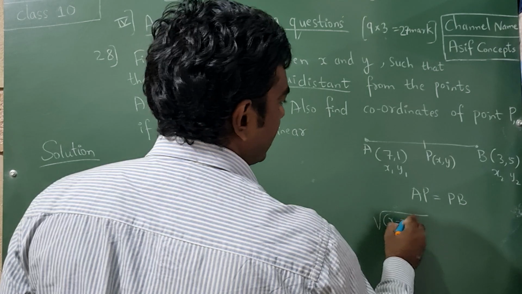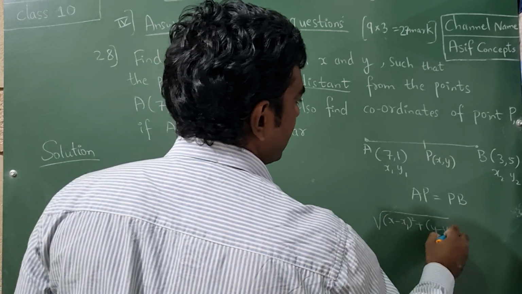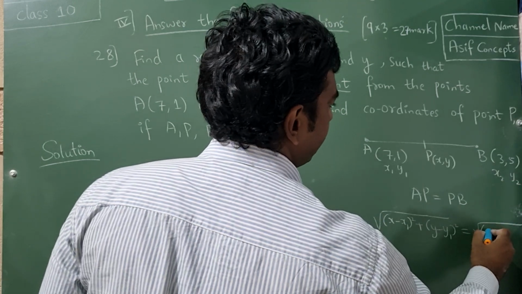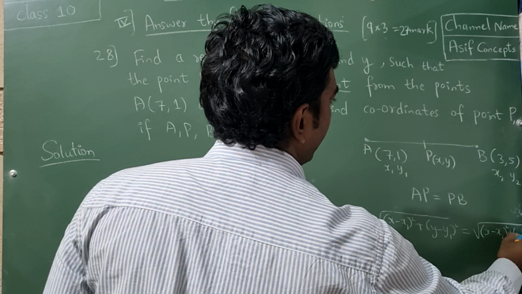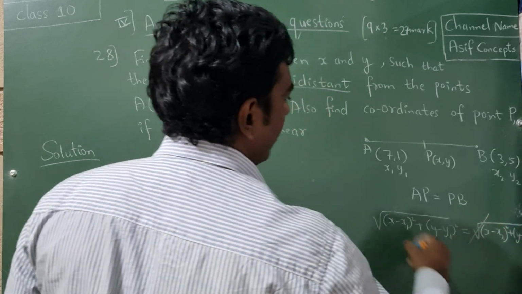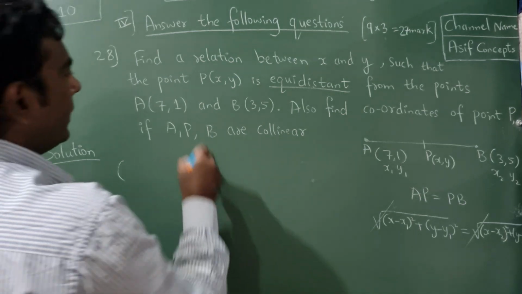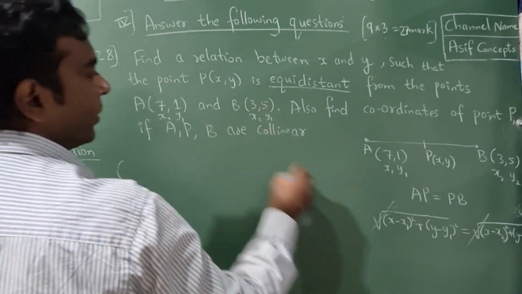So x minus x1 square and y minus y1 square, and here I can write it as x minus x2 square, y minus y2 square. This square root and square root get cancelled. So what can I write here? x1 y1 x2 y2.